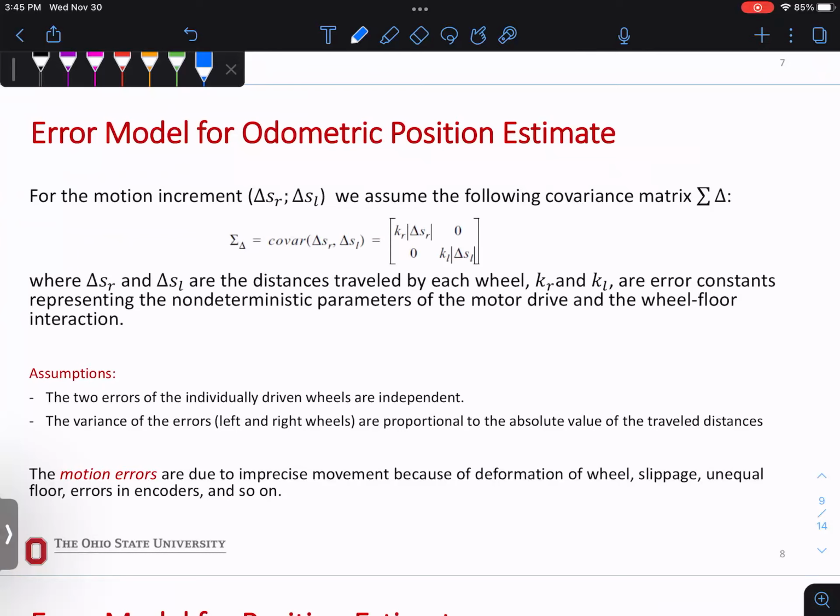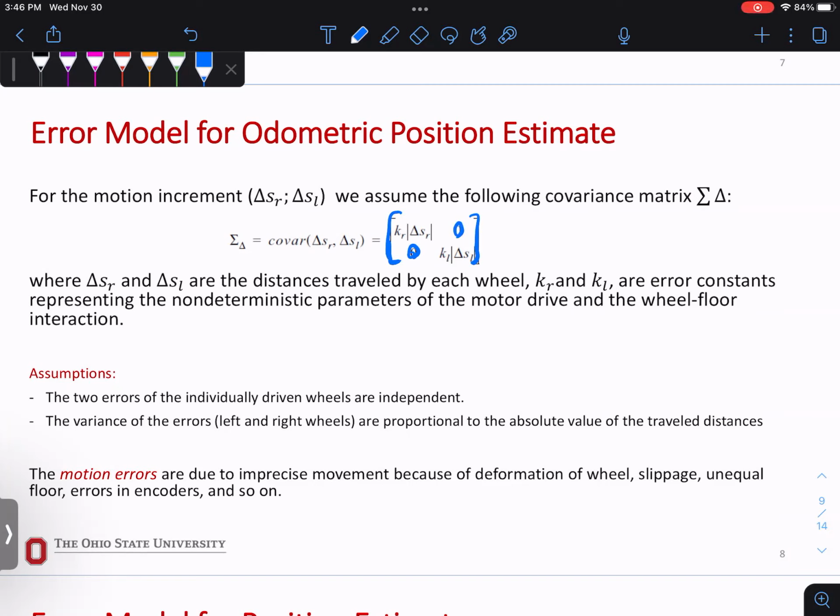And we say that our covariance would be proportional to some coefficient for the right and left wheel, which is KR and KL over there. So this is your covariance matrix. You see it's 2 by 2. Off diagonals are 0, meaning that they're not related to each other. They're not correlated.